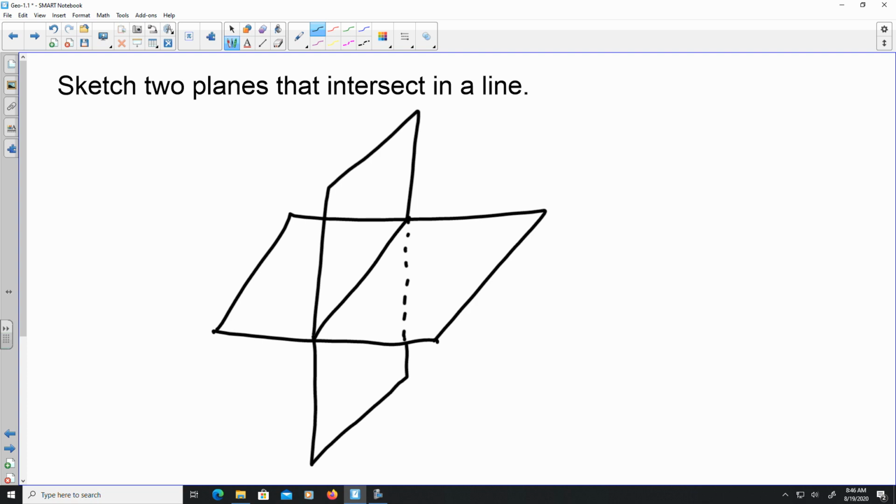If you notice, this is the line that intersects these two planes. So this would be plane A, this would be plane B. We can even give these two endpoints. We can call them point X and Y. So they would both be intersected at line XY.